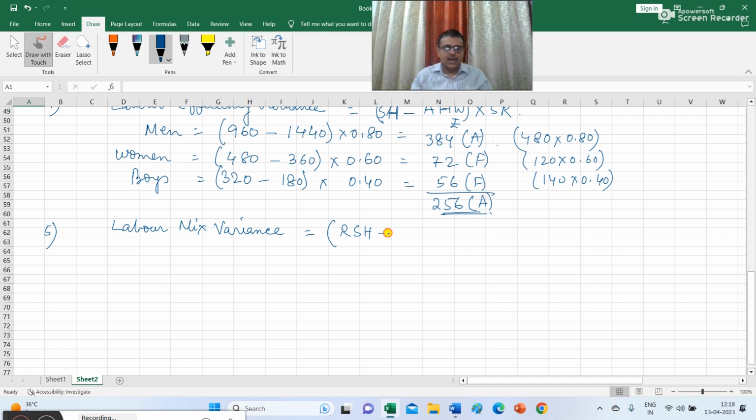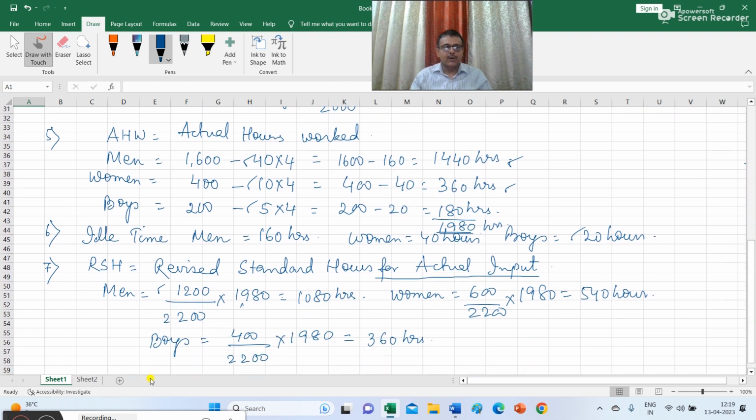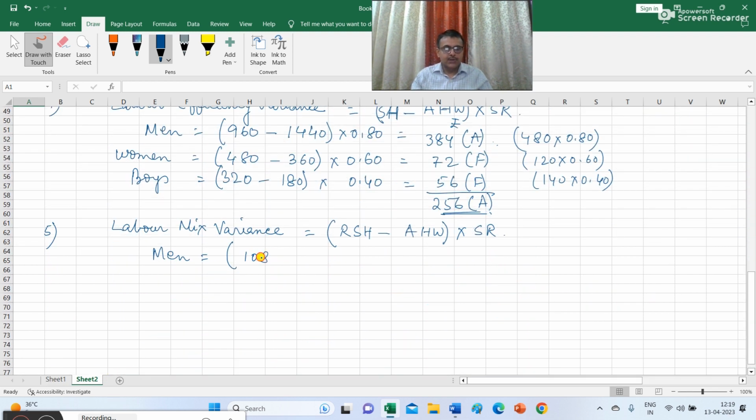RSH, that is revised standard hours, minus actual hours worked, multiplied with SR. So for men, revised standard hours we have calculated 1080. So this is 1080 minus 1440. Multiply this with 0.80 and you will get 288 adverse. 360, this is the difference of 1080 and 1440. Multiply this with 80 paise.